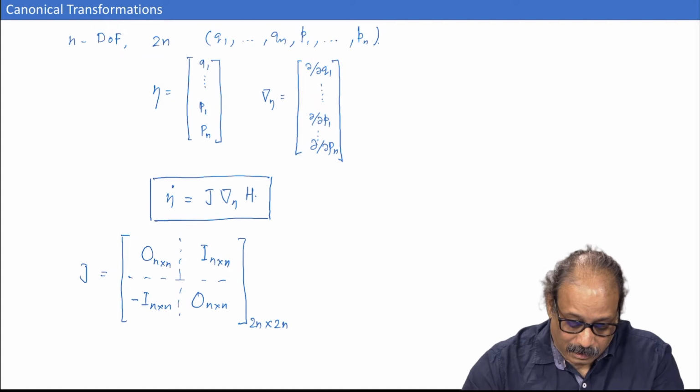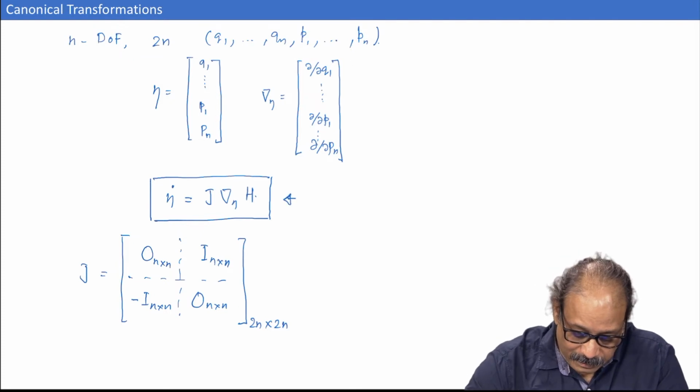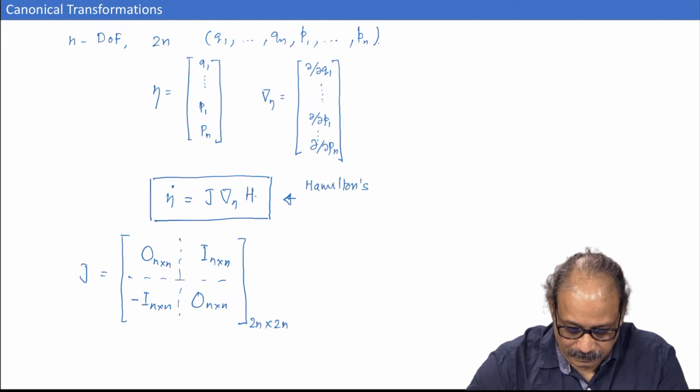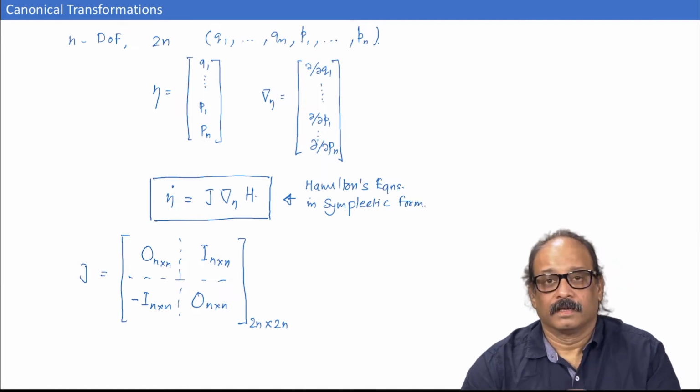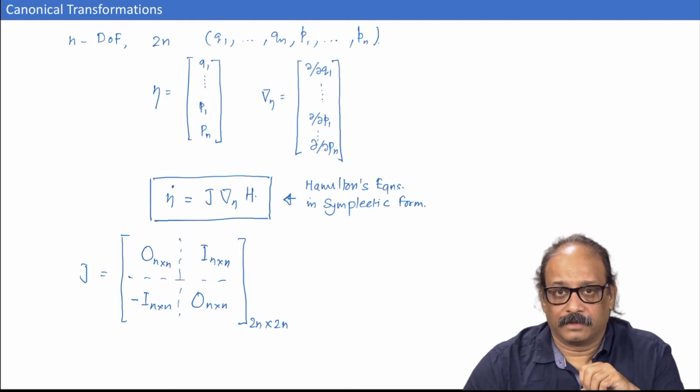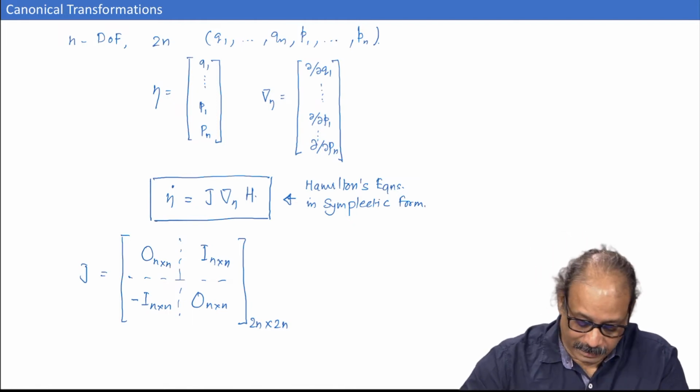Now, these equations in the matrix form are called Hamilton's equations in symplectic form. The reason for this nomenclature is this.